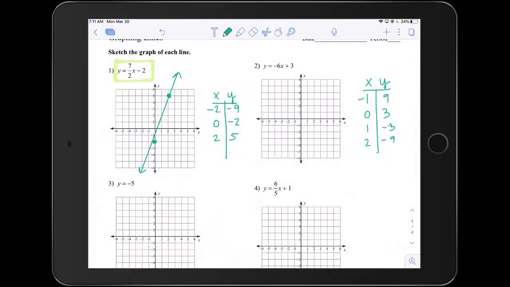Again, you're not going to be able to do your negative 1, 9, but that's okay. So I have 0, 3, put a point, and then 1, negative 3, put another point, and that's all I can fit on this coordinate plane, and that's alright.